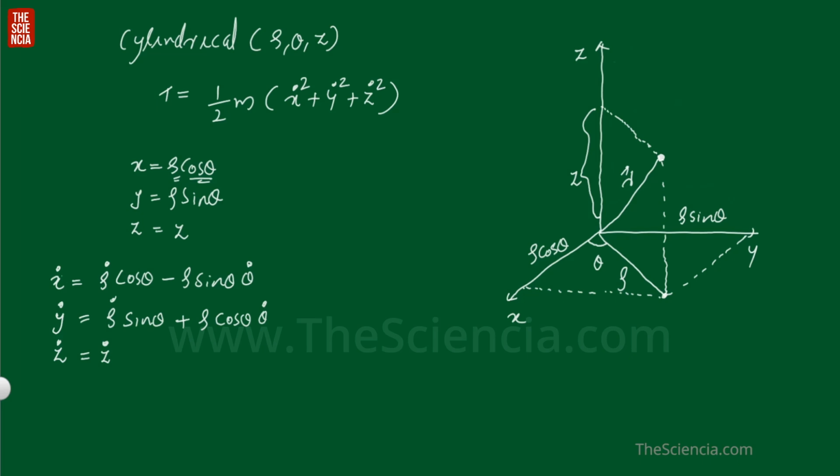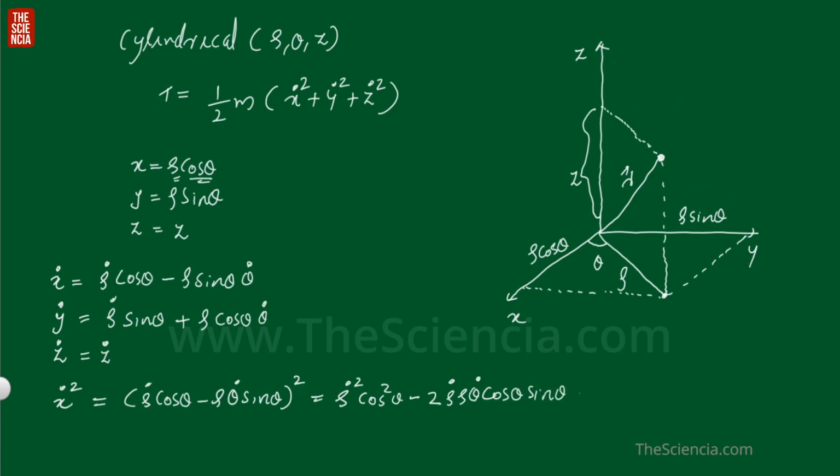Now we have to find the square of these functions. What is x dot square? That is (rho dot cos theta minus rho theta dot sin theta) all square, which equals rho dot square cos square theta minus 2 rho dot rho theta dot cos theta sin theta plus rho square theta dot square sin square theta. Next, what is y dot square?